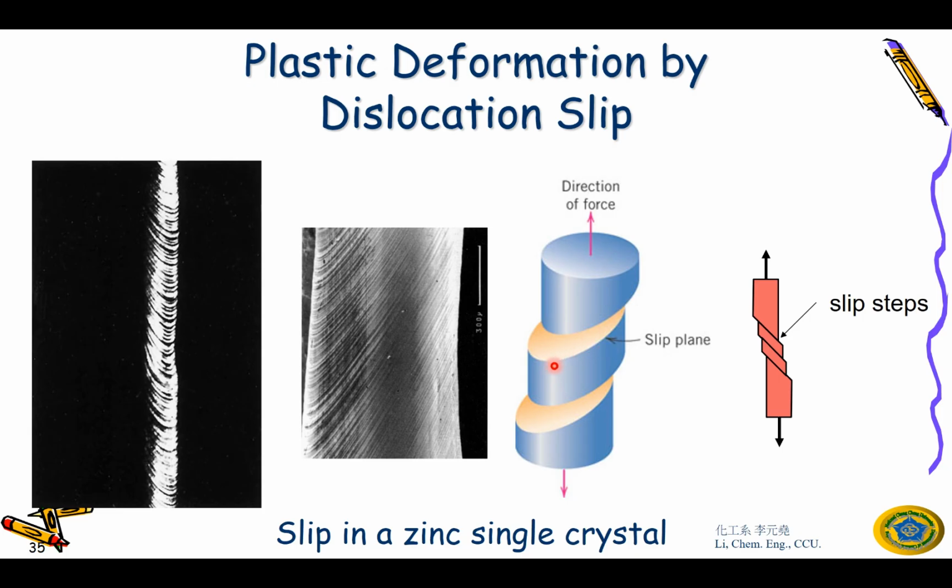So this is the slip plane, and this is the slip direction. If you know this slip plane and slip direction, you can work out the crystal structure of zinc. What's the closest packed plane? What's the highest planar density? What is the highest linear density? Then you will know the plane.